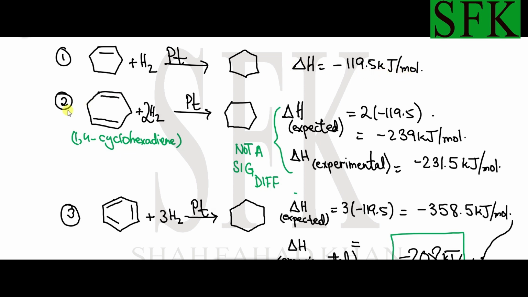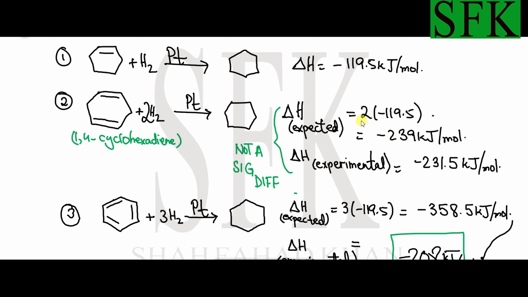Then the same reaction for the second compound, 1,4-cyclohexadiene, when reacted with hydrogen in the presence of a platinum catalyst and converted to cyclohexane. The expected enthalpy change, on the basis of the data of the first reaction, is just the enthalpy change of the first reaction multiplied by 2, to get minus 239.